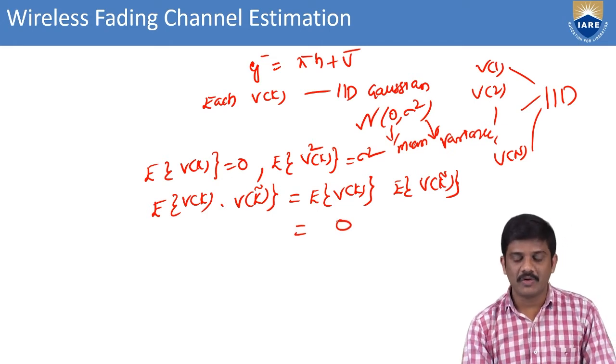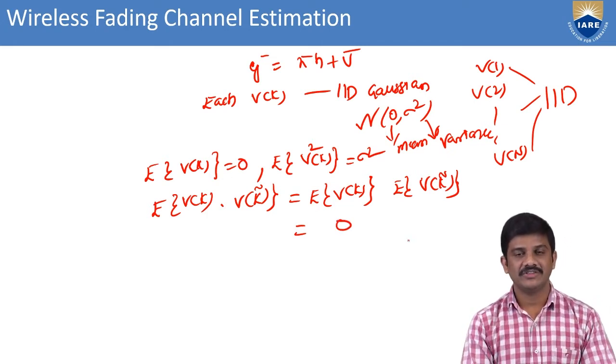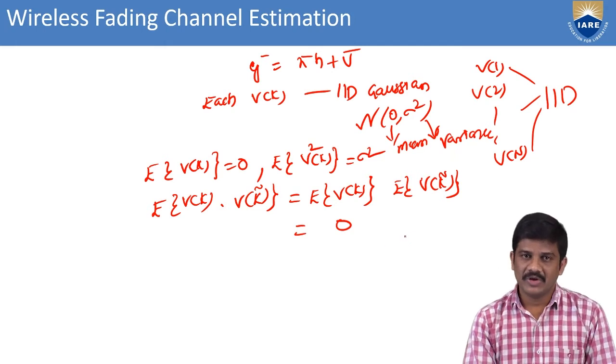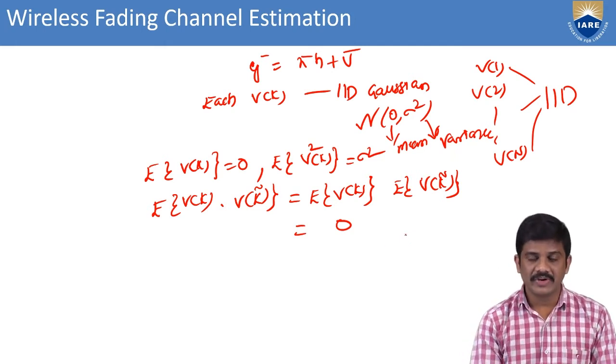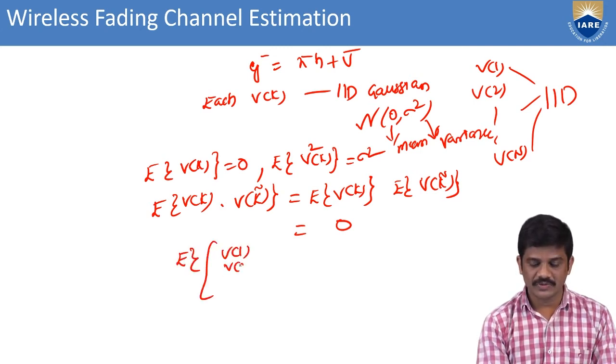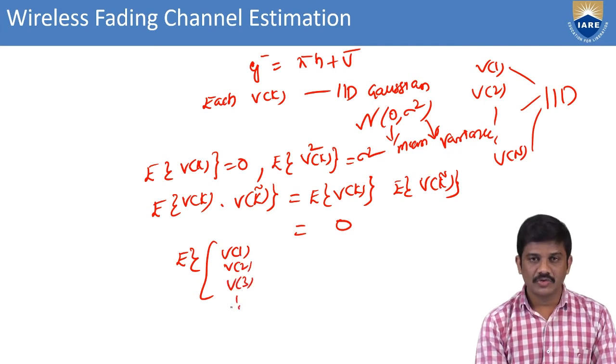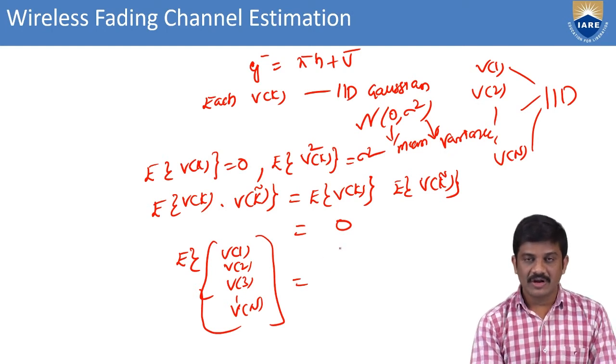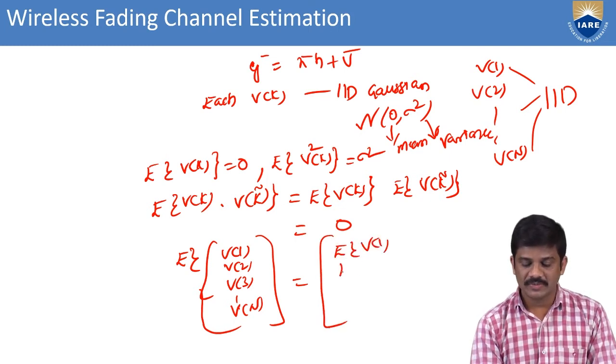This is 0, because the mean value is 0, that is why we consider the mean value as 0. Then for all the noise factors, the expectation of v of 1, v of 2 and v of 3 up to v of n, we can take the individual estimations: expectation of v of 1, expectation of v of 2, and so on, expectation of v of n.